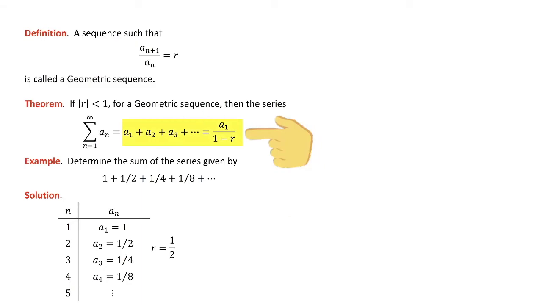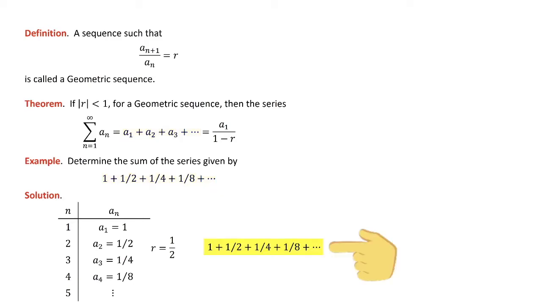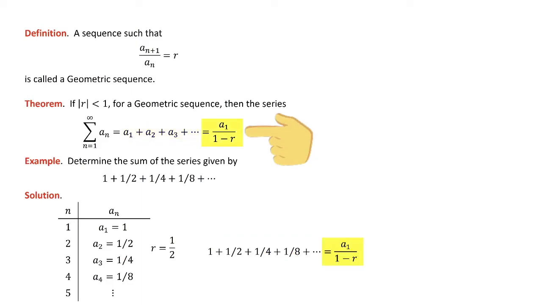Okay, let me move that over. So this sum equals the first term divided by 1 minus r. Such a simple formula too. Here's our sum, here's our terms. Let's just move them down here. So the sum equals this. All I have to do is put my A1, my first term, here.